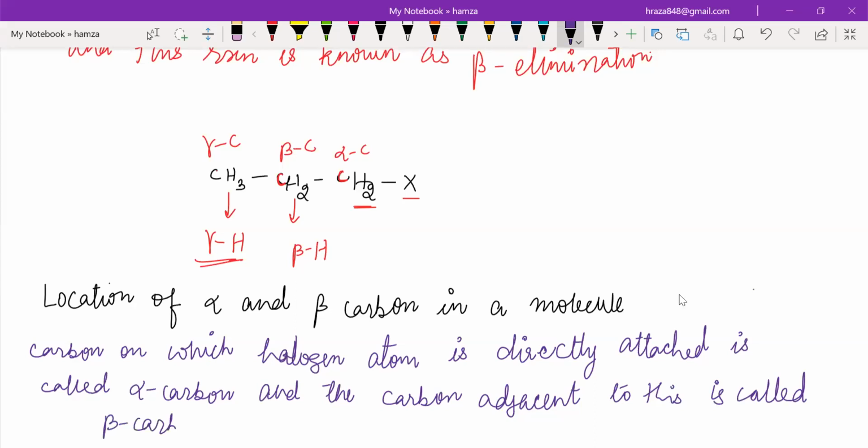You can take an example. This is C. This is also C. Right. So this is our alpha, this is beta, this is gamma. Please write.